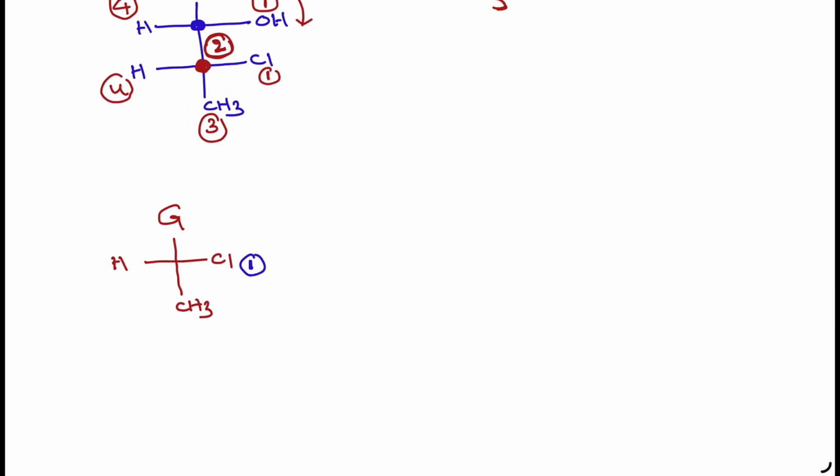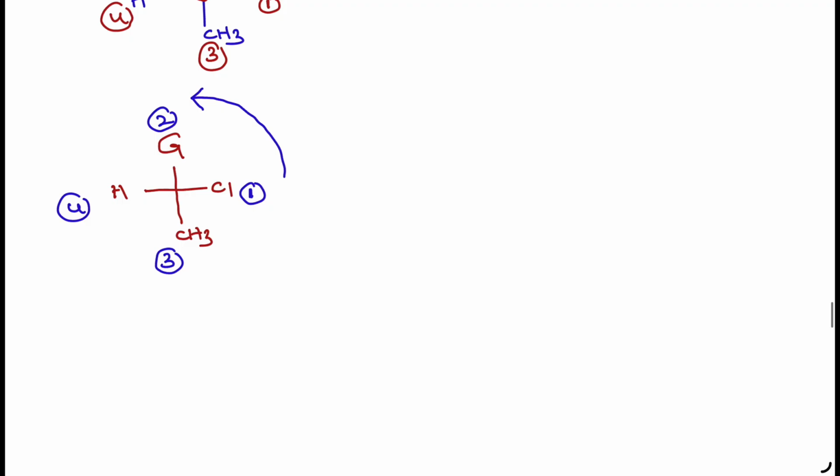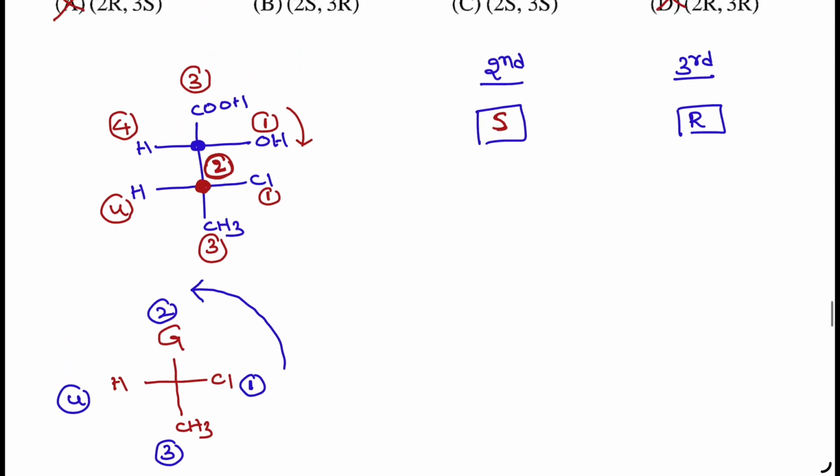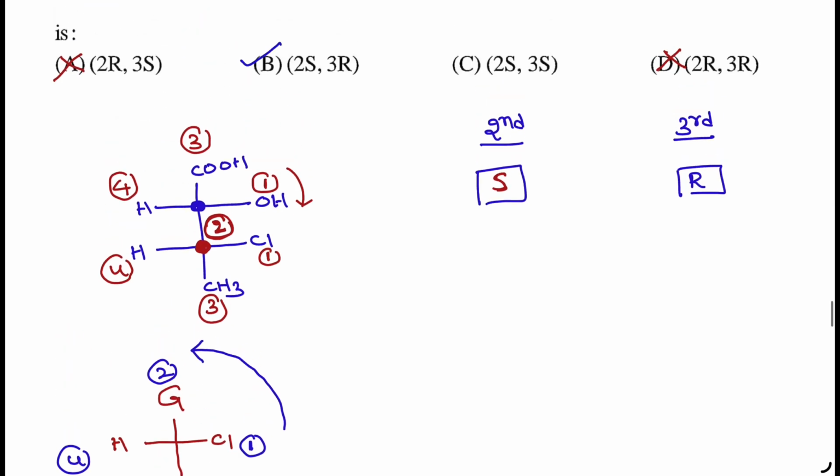Chlorine first priority, that group gets second priority, methyl third priority, hydrogen fourth priority. And again hydrogen is at the wrong position. You are moving in clockwise direction. The obtained configuration is S, but the original configuration will be R. So that is 2S 3R. So the answer must be B.